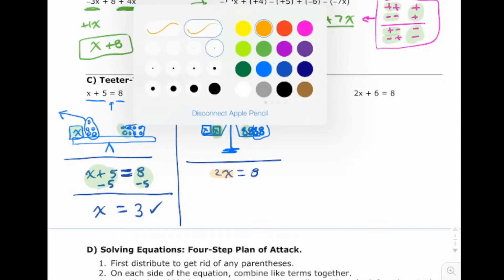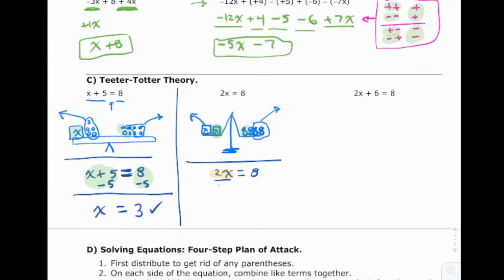The opposite of multiplying by 2 is to divide by 2, which is exactly what we did here, right? We cut it in half, which means divide by 2. So in this situation, what you're trying to do is divide the 2 off. You're trying to cancel it off. Divide by x's coefficient to cancel it off. Okay, here you are subtracting on both sides.